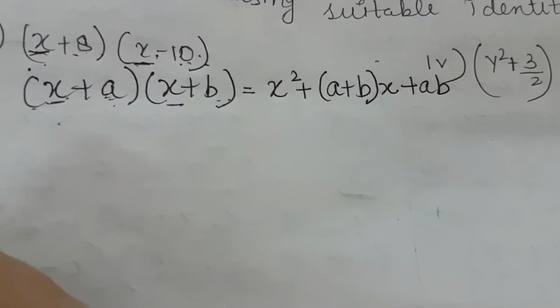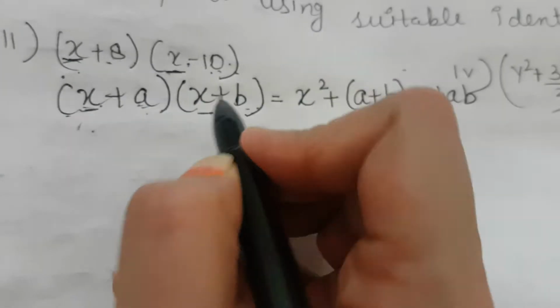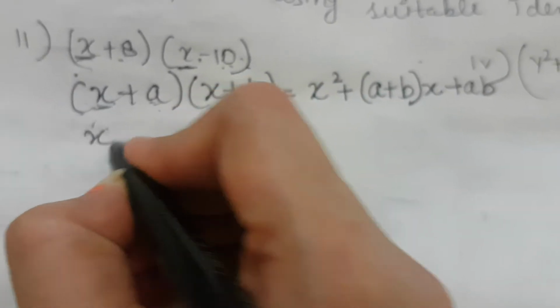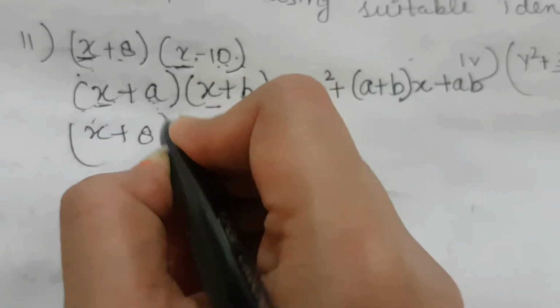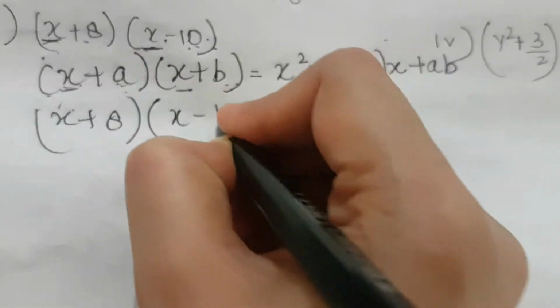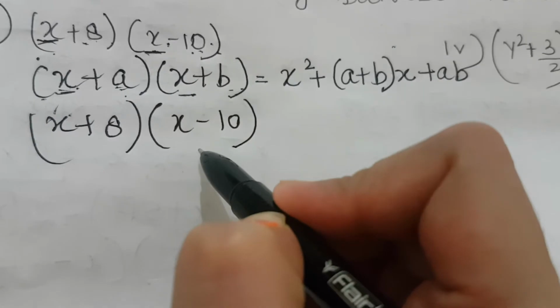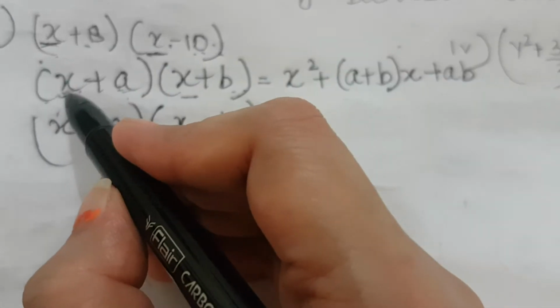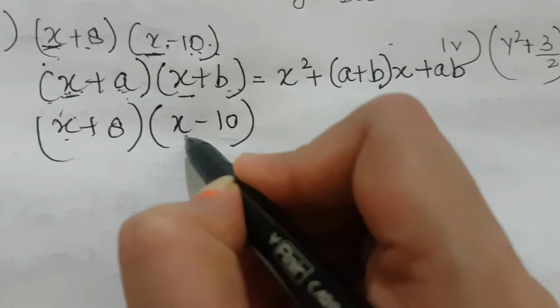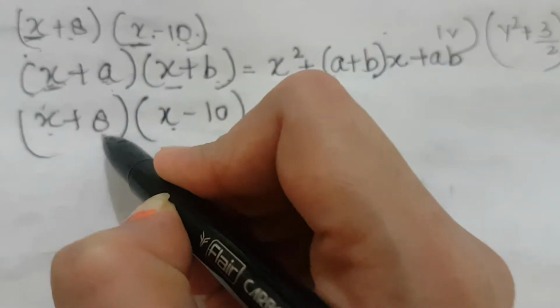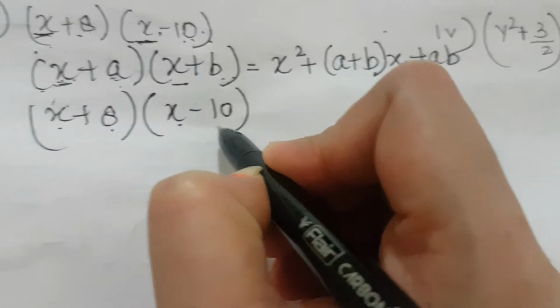In place of x plus a and x plus b we have x plus 8 and x minus 10. You can easily observe that the x value is x only, the a value is plus 8 and the b value is minus 10.